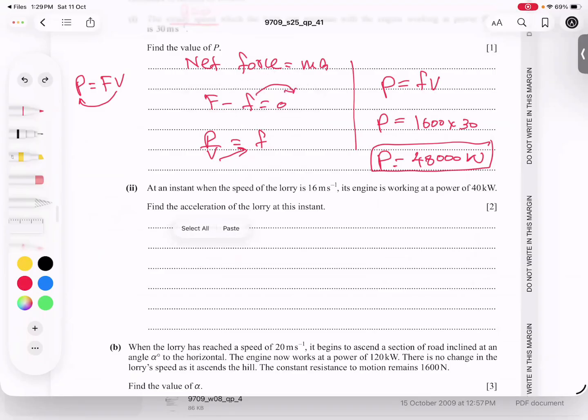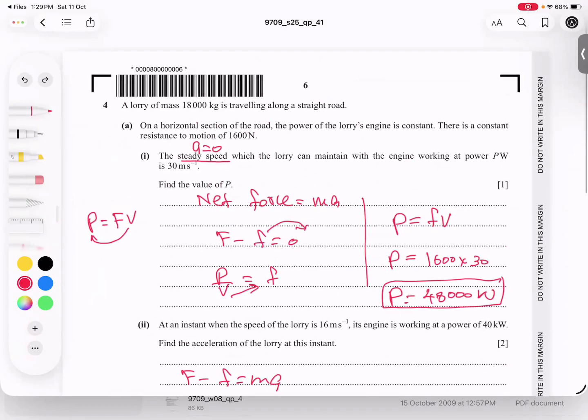But make sure this time acceleration is not 0, because we need to find it. And the force formula is P by V. P by V minus friction equals ma. Power is 40 kilowatt, so 40,000. Speed is 16. Friction is 1600. Mass we have is 18,000.